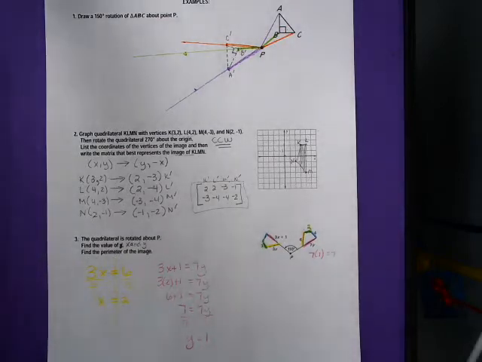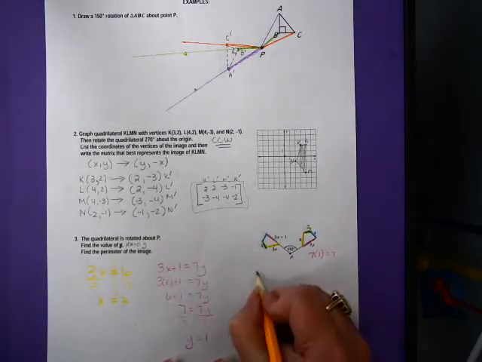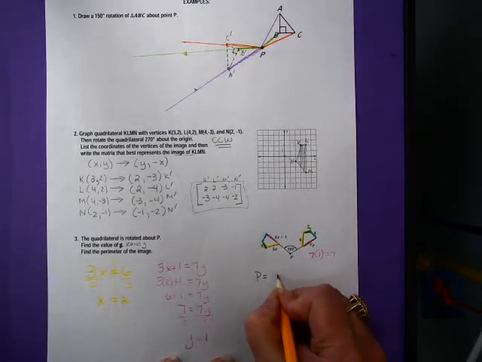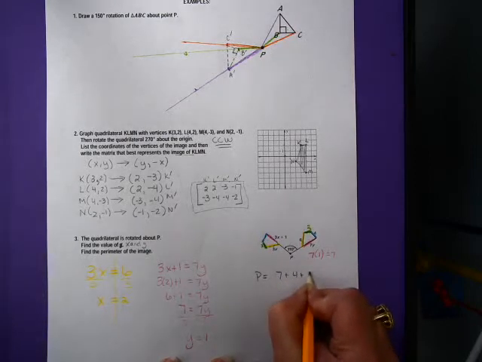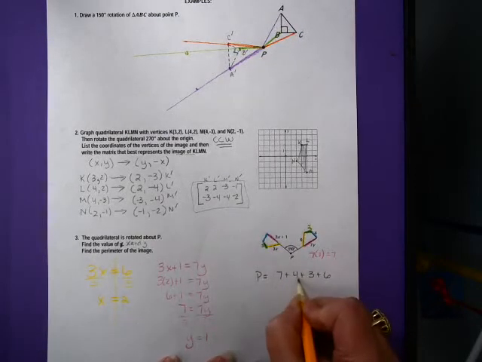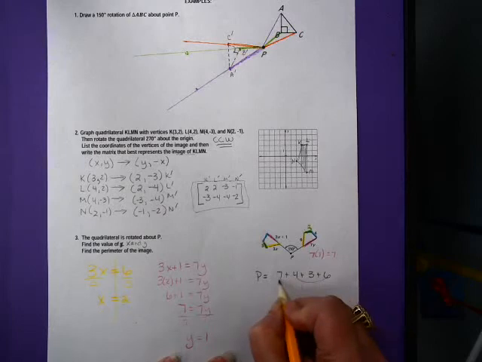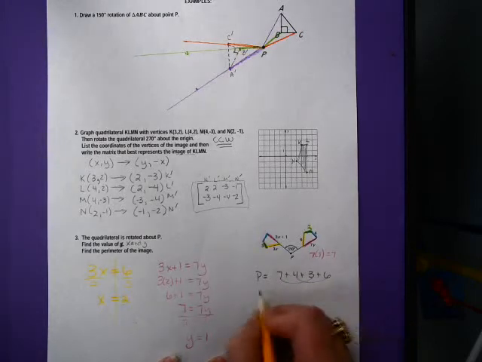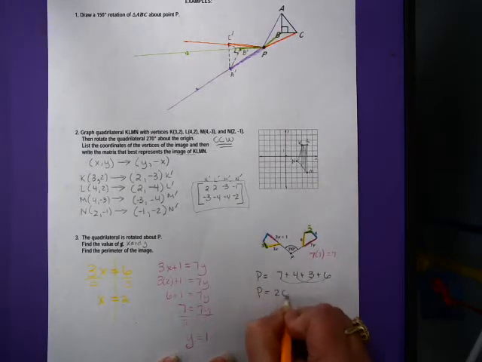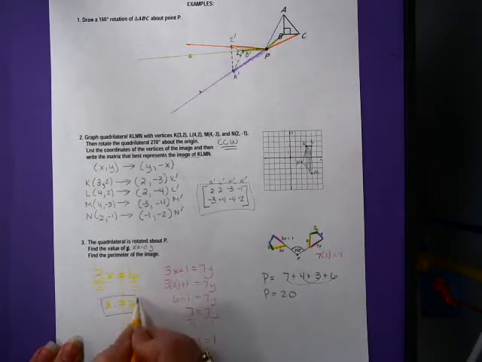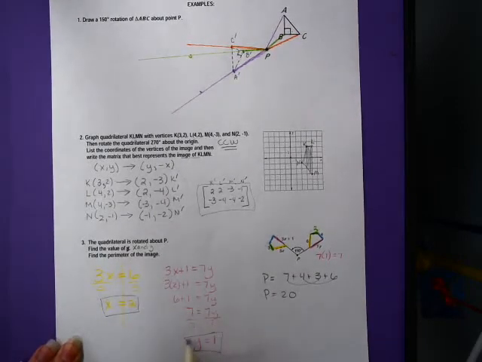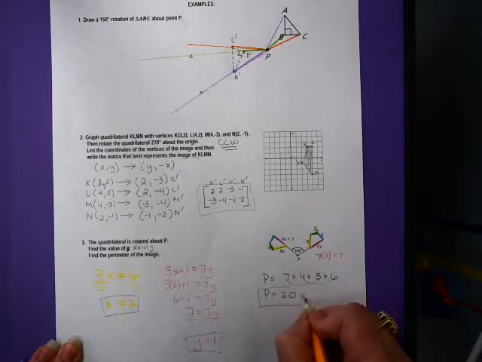So to find my perimeter, I need to add the 7 plus the 4 plus the 3 plus the 6. 4 and 6, that makes 10. 7 and 3 makes 10. 10 plus 10 is 20, so the perimeter is 20. So I found my x, I found my y, and I found my perimeter, and this is units.